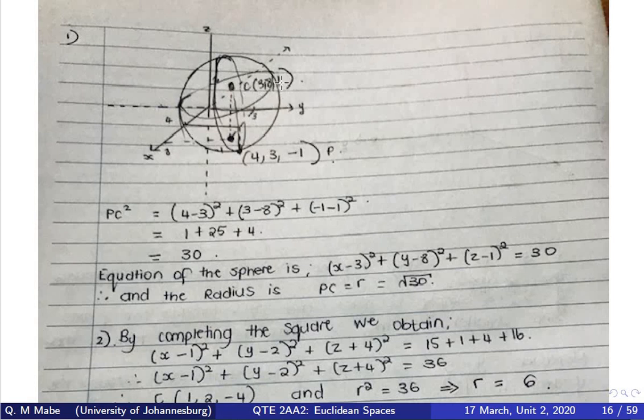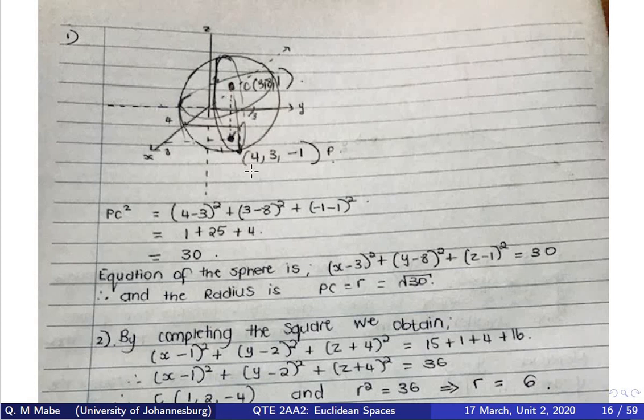The point 3, 8, 1 is a floating point here in R3. And obviously when we have negative coordinates, this will just be a point under the floor. If we dig our floor, we get this dotted line here. So 4, 3, negative 1 is a point here. It's a point that our sphere cuts through.